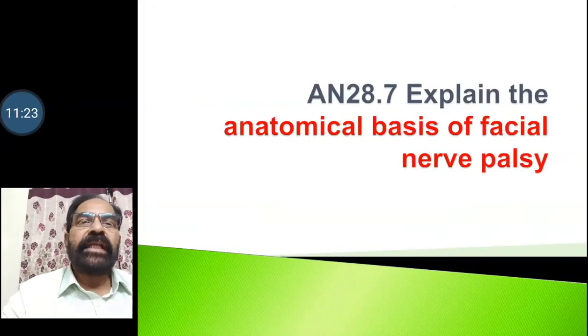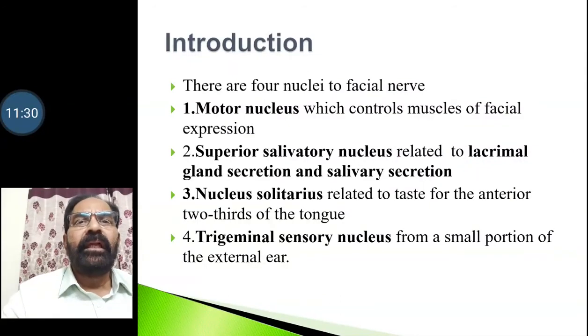Then we go to study the anatomical basis of facial nerve palsy. We can say that there are 4 nuclei which are related to the facial nerve. One is motor nucleus that controls the muscles of the facial expression.